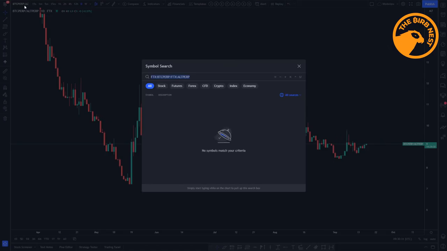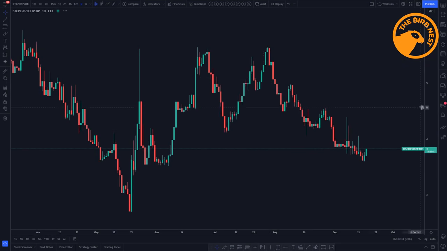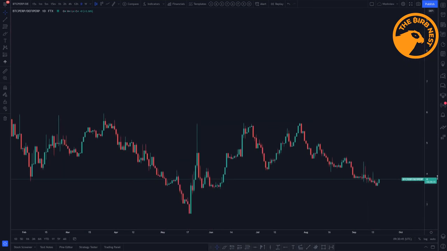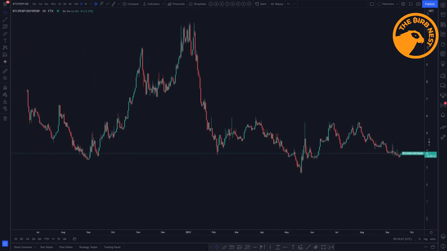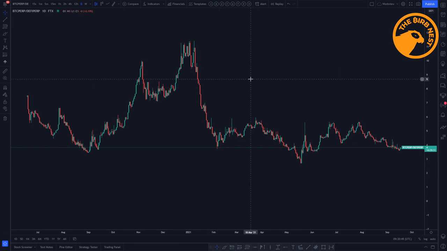We can also do this, for example, with DeFi and see which is gaining more strength. And you can see whether it's good to be in that DeFi perpetual or in Bitcoin or in specific coins in a DeFi perpetual.